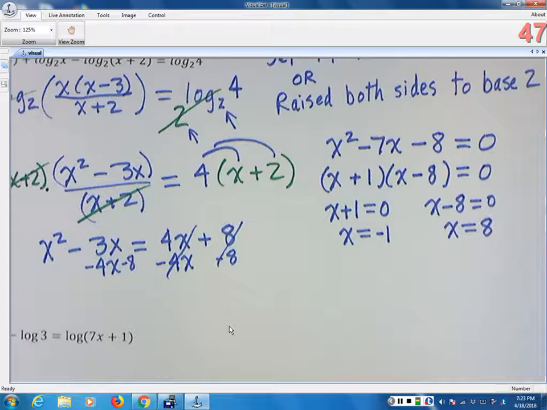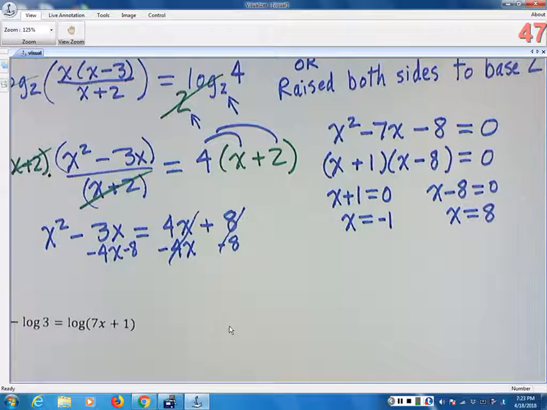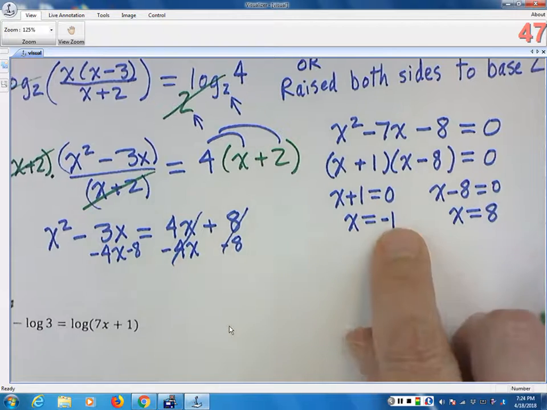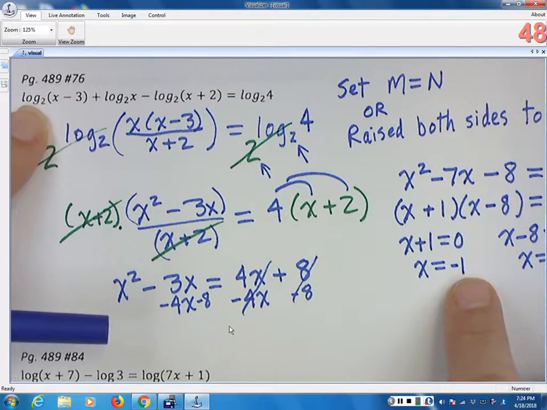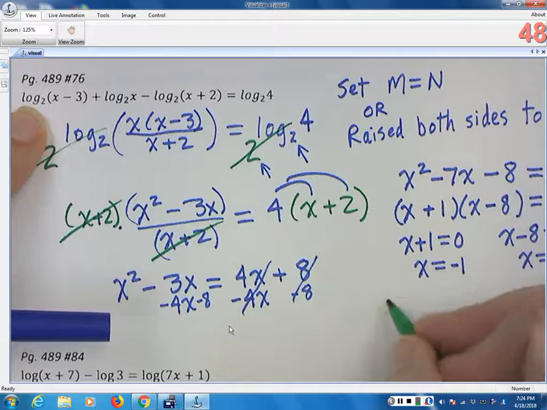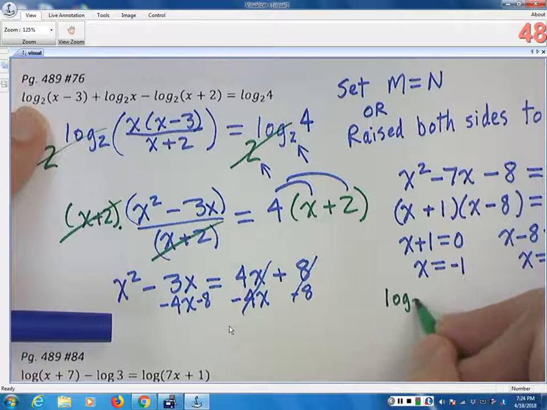But now we need to check. We get extra solutions here, so we got to check. We're going to just put the negative 1 in the first log. Log base 2 of negative 1 minus 3.